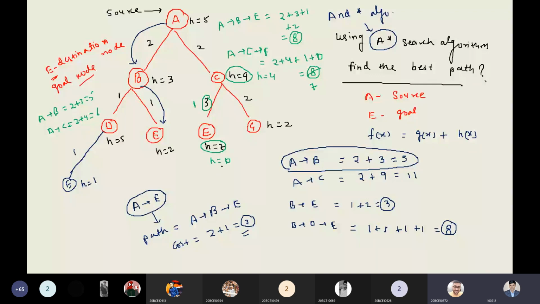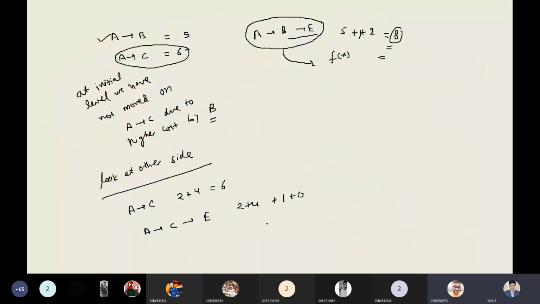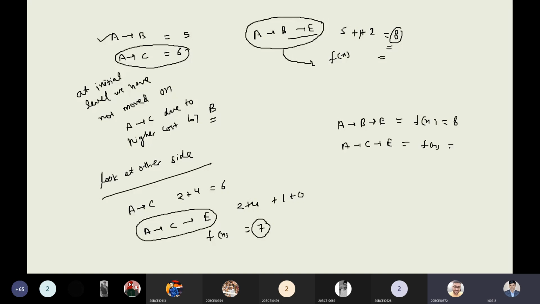So here I'm getting the 7. So this is the function cost of this part. If we talk about A to B and then E, I'm having the function cost 8. And if we're talking about A to C and then E, I'm having the function cost that is 7.